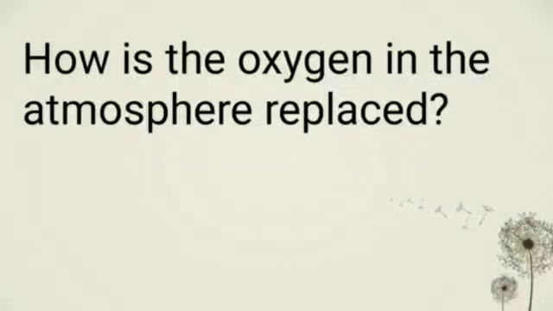They produce much more oxygen during photosynthesis than they consume during respiration. So this is how the oxygen consumed by plants and to a large extent by animals is replenished in the air through photosynthesis.